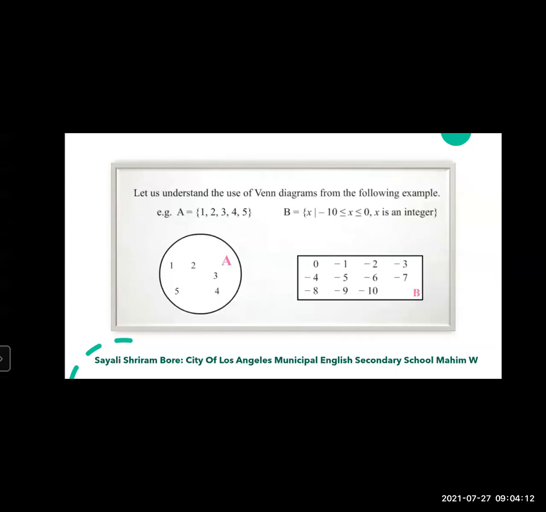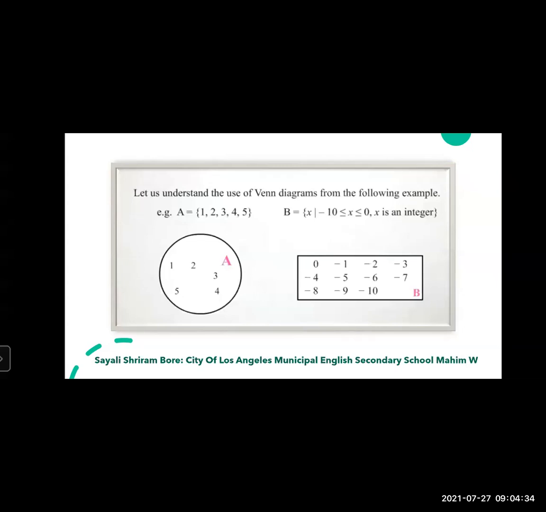Circle, oval, rectangle. Here for set A, I have used a closed figure. You have seen the definition of the Venn diagram: it is represented with a closed figure.